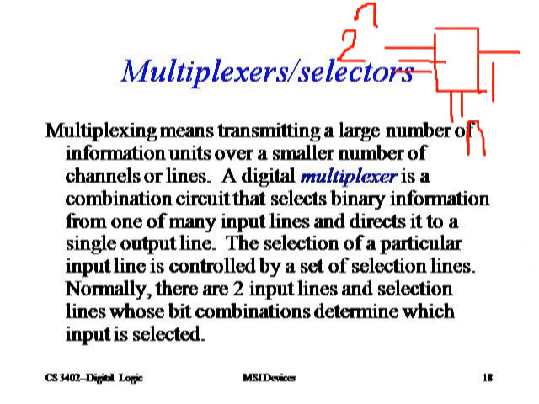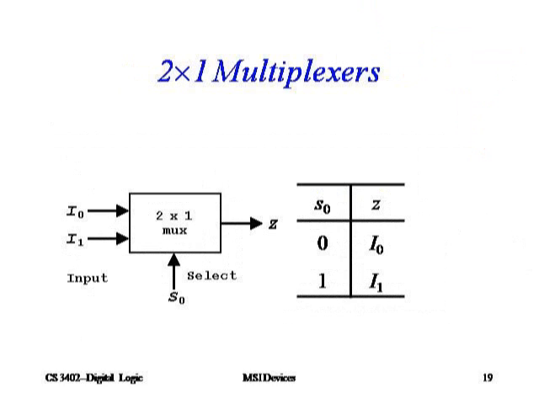Okay. So let us understand what is a 2 cross 1 multiplexer. 2 cross 1 means it has one selection line and 2 raised to n inputs, that is 2 raised to 1, that is 2.